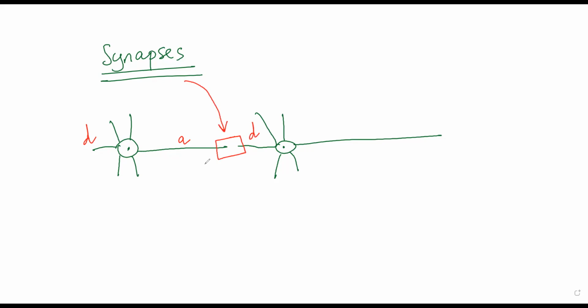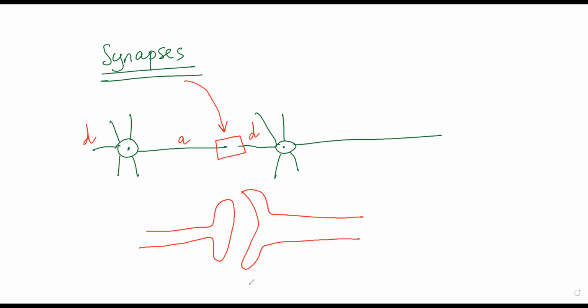Now I will draw a more detailed picture. Let's say that this is the end of the axon, like this type of ending they have, and this is the beginning of the dendrite. The impulse travels from left to right. This is the axon end, and this is the beginning of the dendrite.